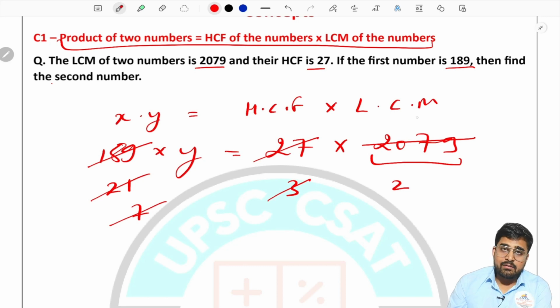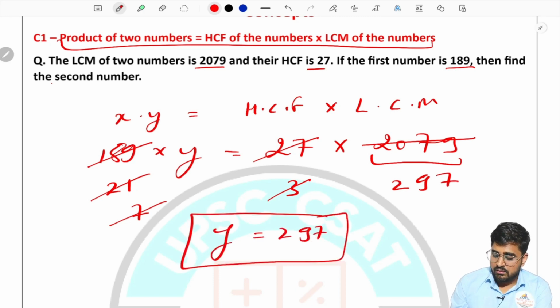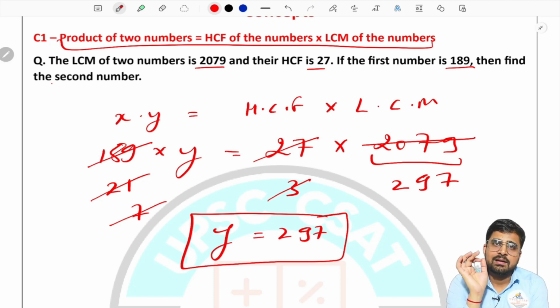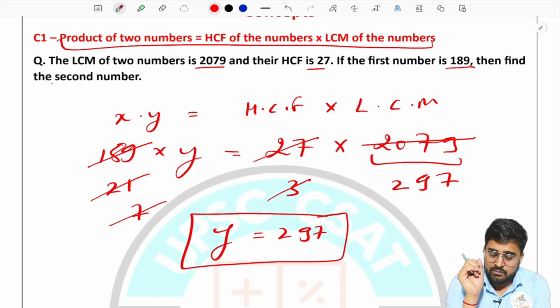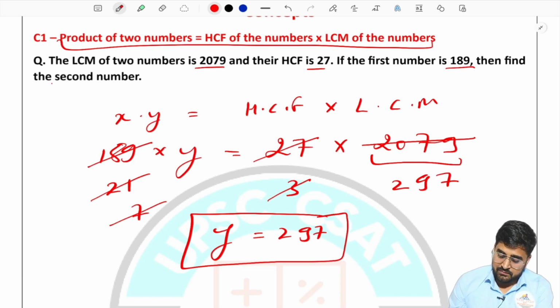Now what do we have? Now on 9, 63. Then you are left with 49 and 7. So y is 297.